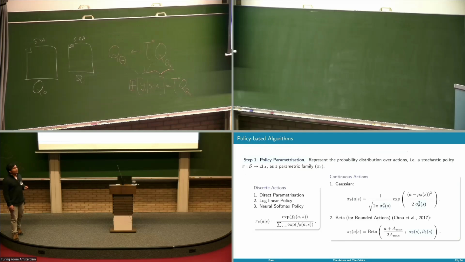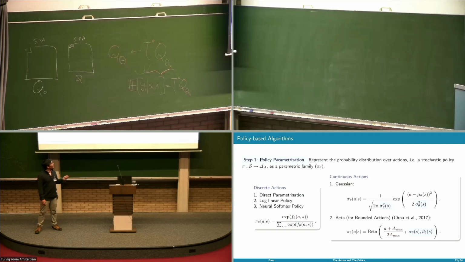Okay, and now if you have continuous actions, then people go for this type of policies. One is the Gaussian one, another one is the beta one, if you specifically have bounded actions, because Gaussian has an infinite support. Here you have two things that you want to estimate, that is the mean of the Gaussian and the variance of the Gaussian. And you can put one or two neural networks or linear layers just to estimate these things from data.